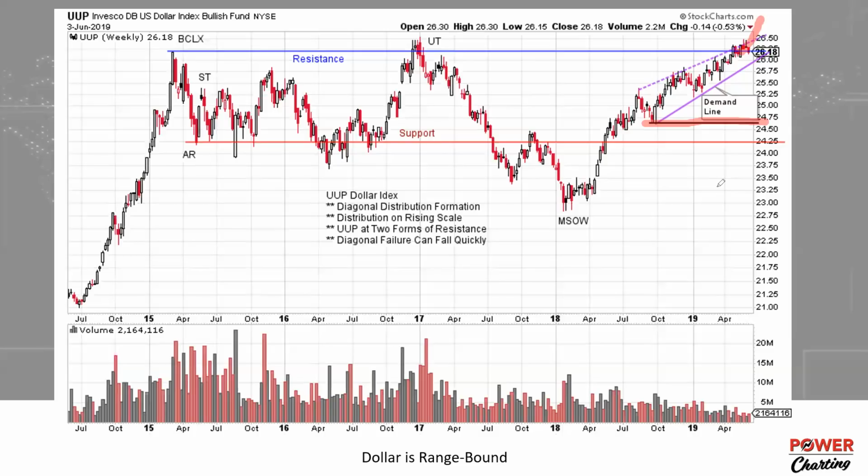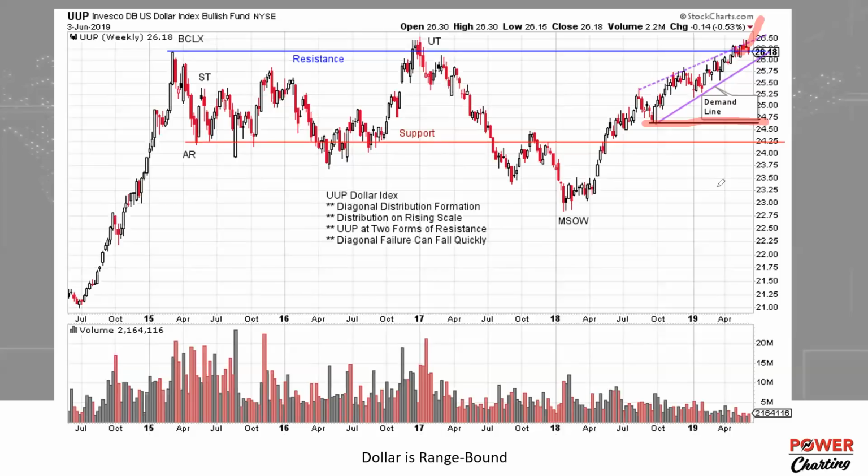Now, my theory here is, and we see this a lot in Wyckoff, that you often have distribution that will occur not on a horizontal scale as we normally think of it, but will happen on a rising scale. A stock or an index being sold on a scale up. And this is an important idea.